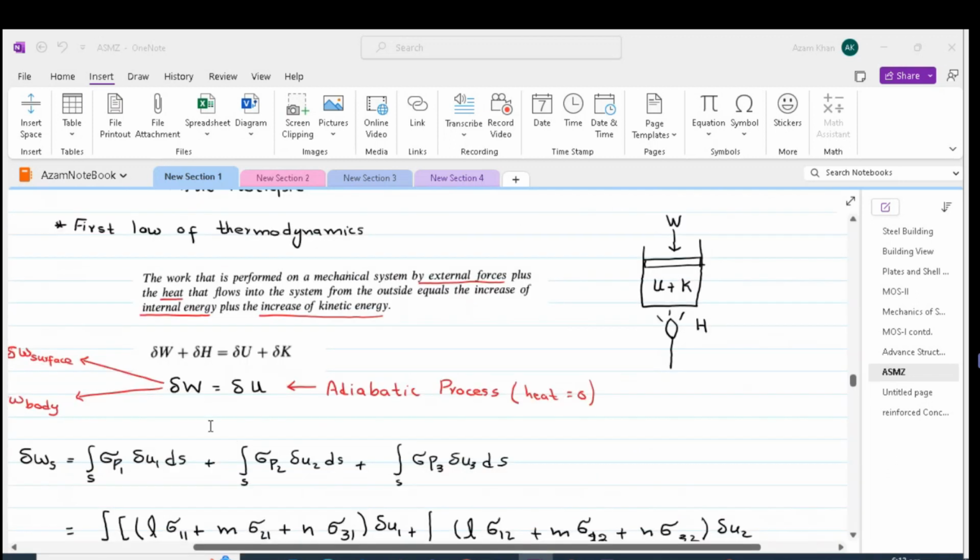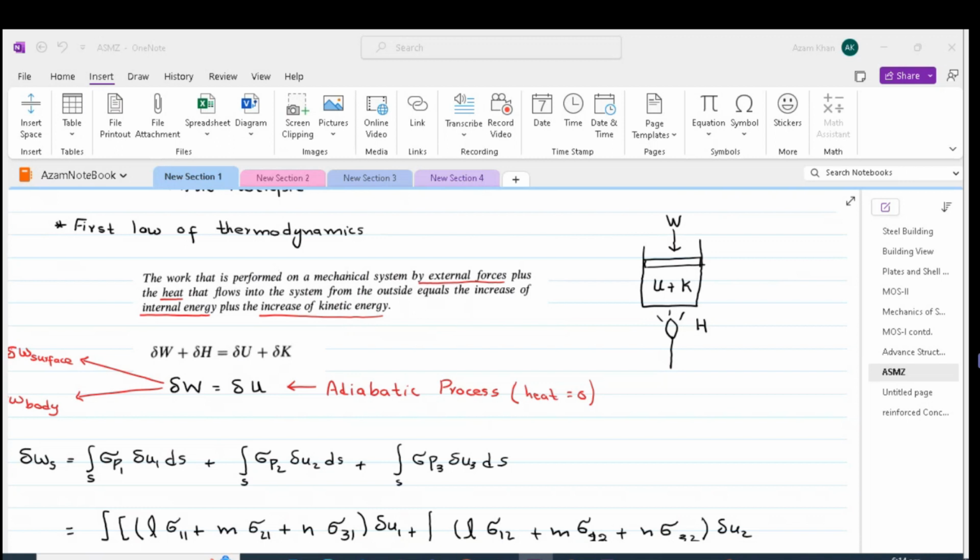So in the end, we are left with external work done equal to internal energy. The internal energy here is actually related to potential energy. So how much energy is actually stored within the particles inside the system is equal to the external work.